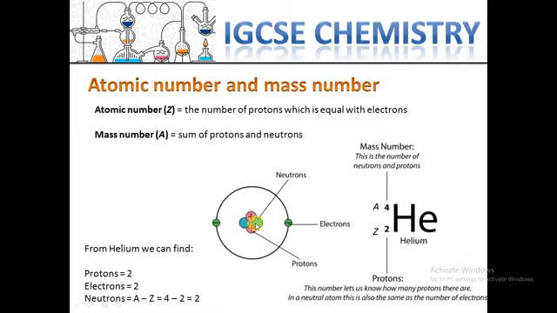So if we subtract the proton number from the total number, the rest is neutrons. So we can find the number of protons, electrons, and neutrons by this equation. It is simple.